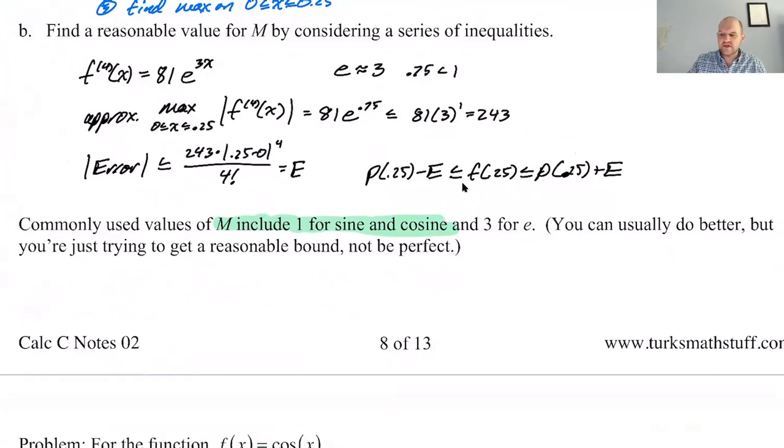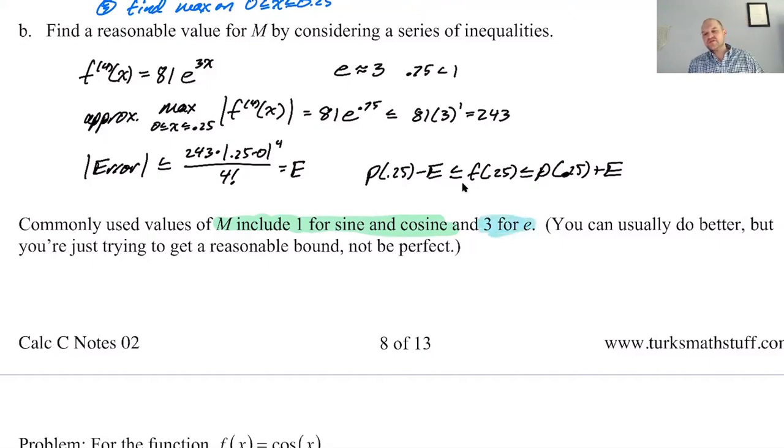Sine increases from 0 to pi over 2, so if you're approximating sine of 0.01, maybe you could use 1/2 as m because it's bigger than what you need. But don't overthink it. Overthinking is where trouble comes from.